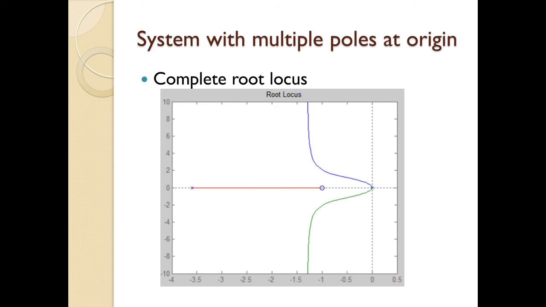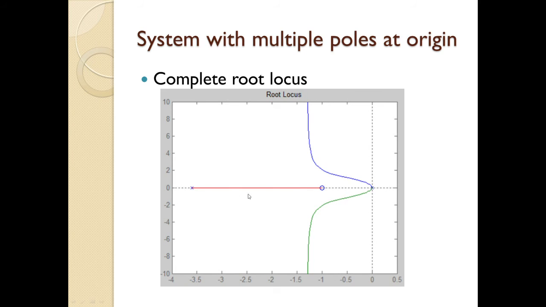Those are the 90 degree and 270 degree asymptotes. So this blue line is following the plus 90 degree, and this is following the plus 270 degree, and these two are going to infinity. So it has three branches: one is the red one, another is blue, and the third one is green.